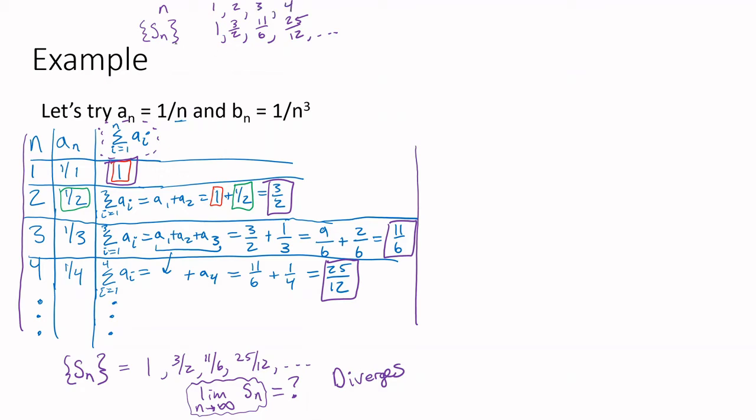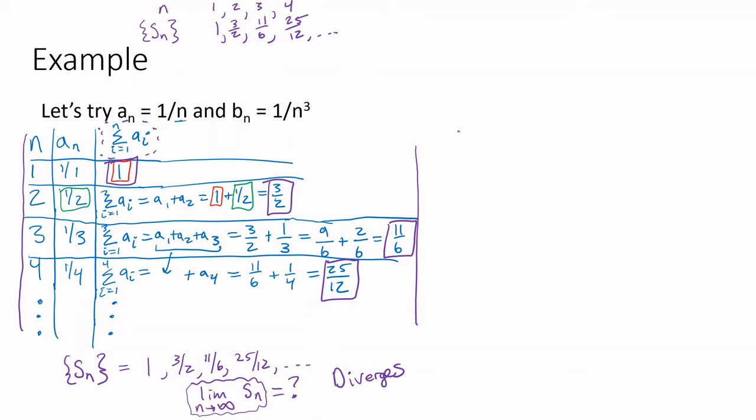If you could find me a formula for this so that at any step all I'd have to know was n and I could tell you what the number is, then we could actually plug that into that limit and figure it out. So we're not going to go through and do that. We're going to develop tools that are easier for us to use to do these types of tests, but we could do that.